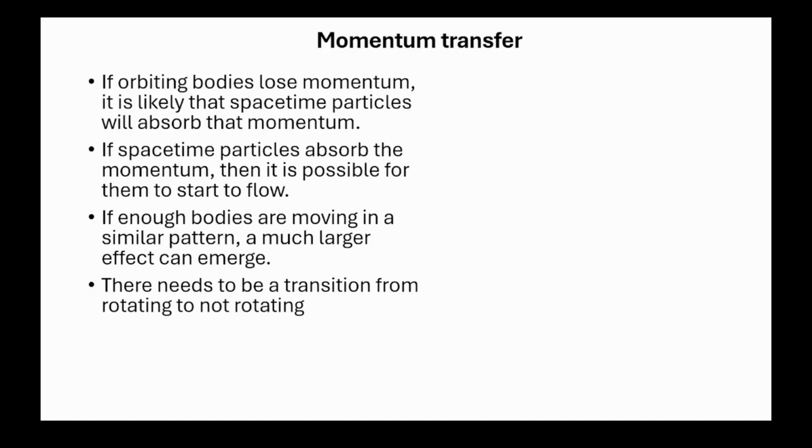Now, if orbiting bodies lose momentum, it has to lose momentum to something, so it seems reasonable that we can assume that these orbiting bodies would be losing momentum to the space-time particles around it.